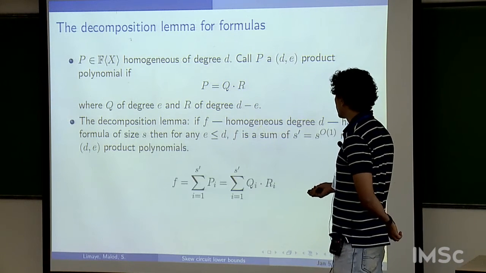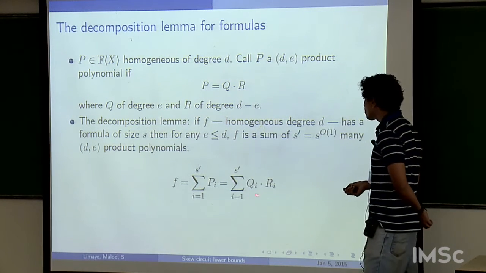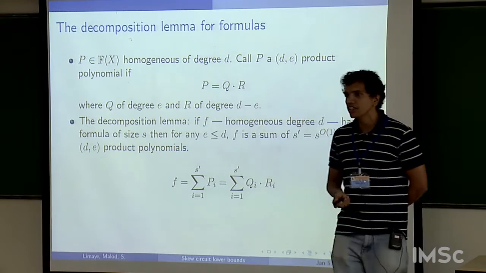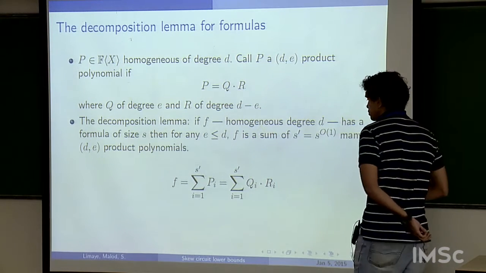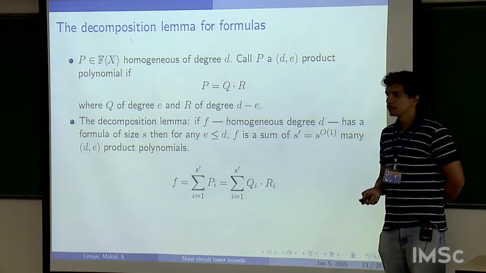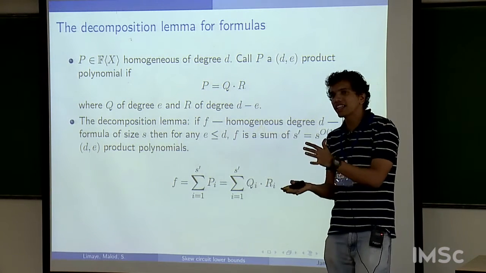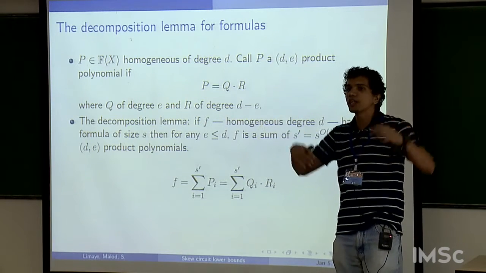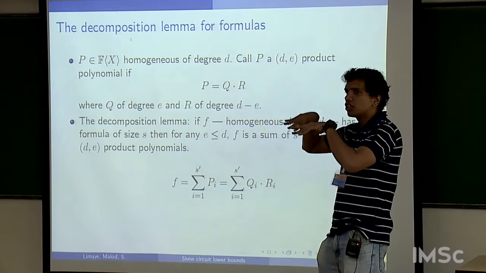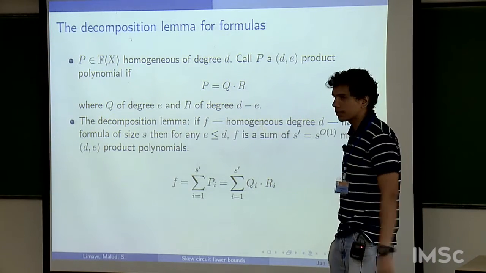In other words, f can be decomposed as a summation over i of p_i, where each p_i is q_i times r_i, the degree of q_i is e, and the degree of r_i is d minus e. Notice that this kind of looks like a small depth circuit. It's a sum of products of low degree polynomials. It's just not a small circuit. The only thing you have is that you know exactly the degree of q_i and exactly the degree of r_i.